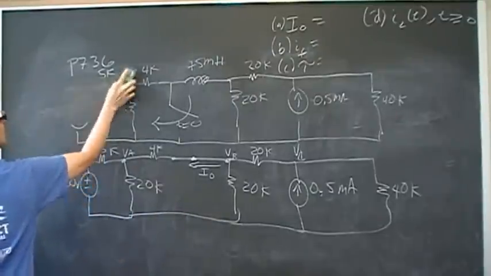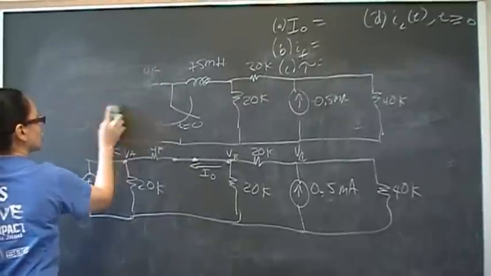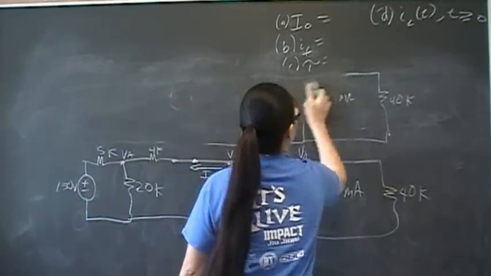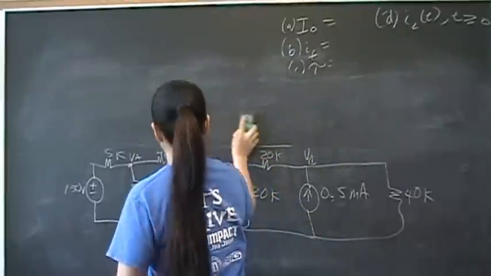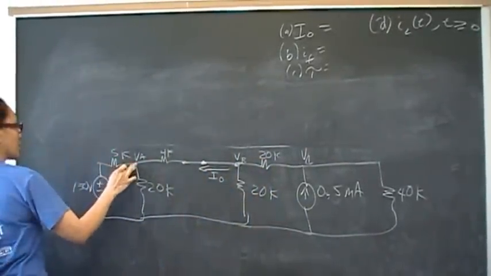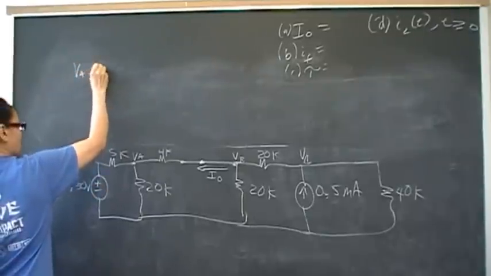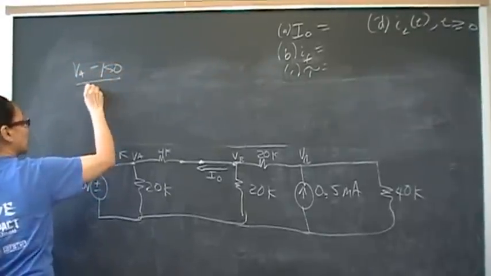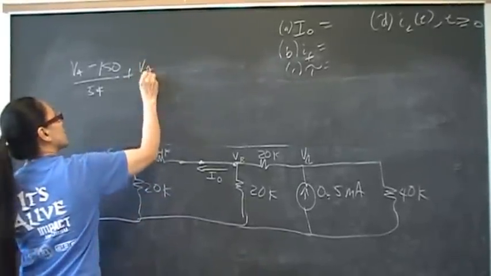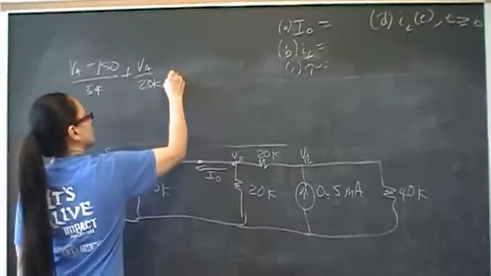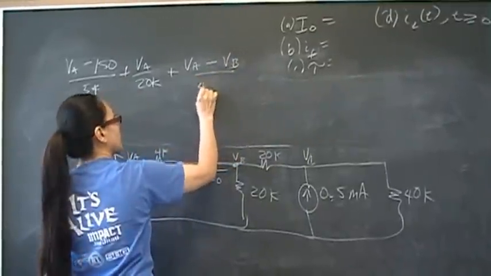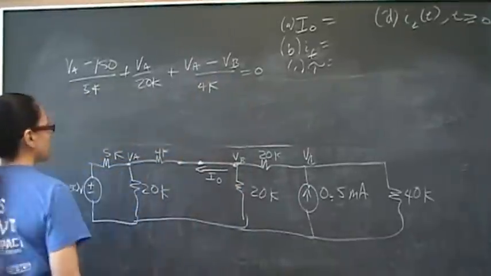Okay, so I'm going to erase a bunch of this information, the initial circuit, and start writing my node voltage equations. First equation is at VA: VA minus 150 over 5K, then VA over 20K, plus VA minus VB over 4K, equal to 0.